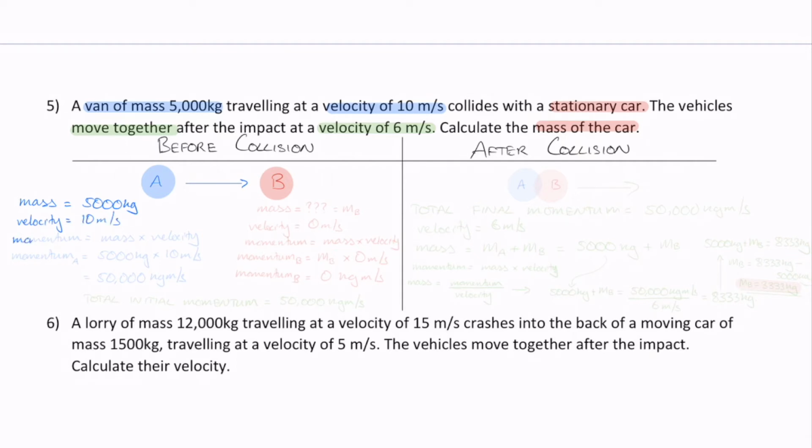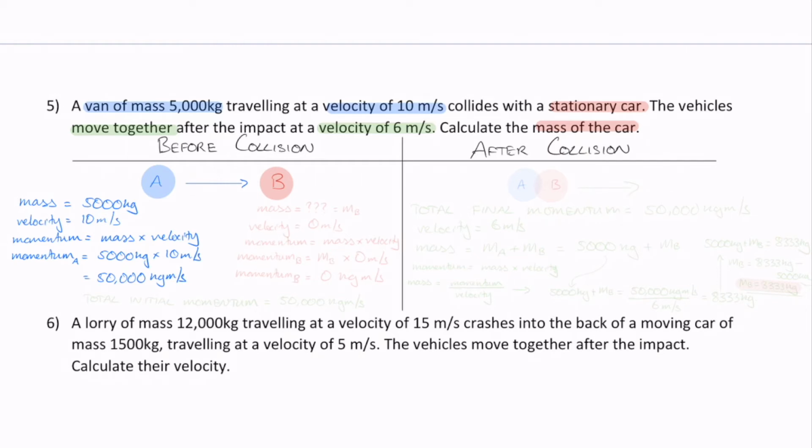As momentum equals mass times velocity, the momentum of the van, body A, is equal to 5,000 kilograms times 10 meters per second, which is 50,000 kilogram meters per second.